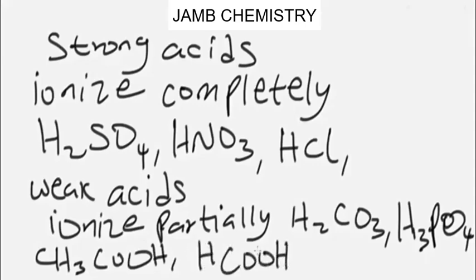So these are examples of weak acids in chemistry. Note that most organic acids, apart from ethanoic acid and methanoic acid, are weak acids. One example of a weak acid we also have is benzoic acid. We have hydrofluoric acid, whose chemical formula is HF. These are examples of weak acids.